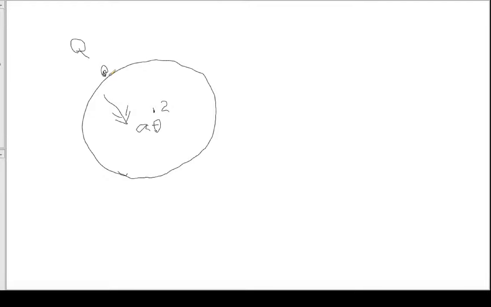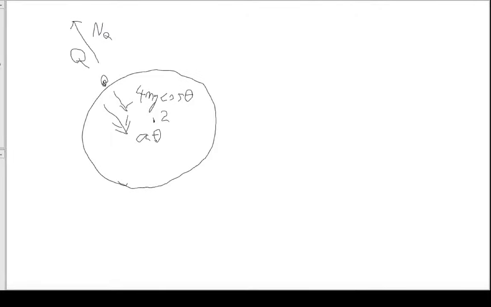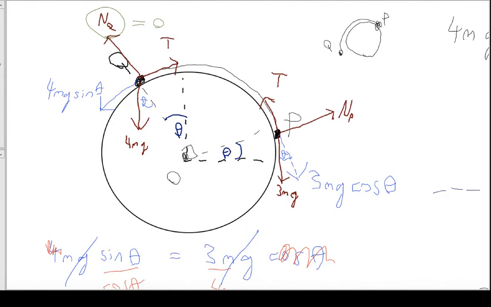And we know that the force inwards is 4mg cos theta, and we have this normal reaction here.